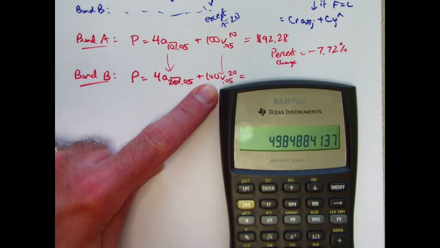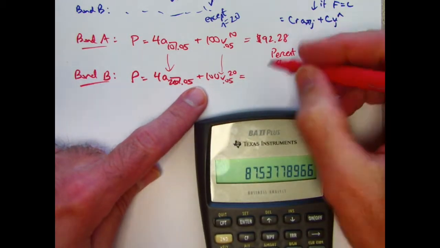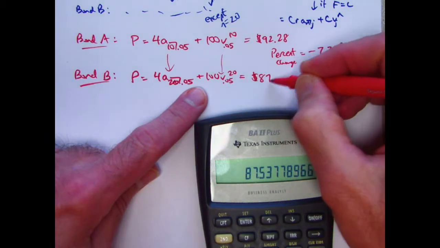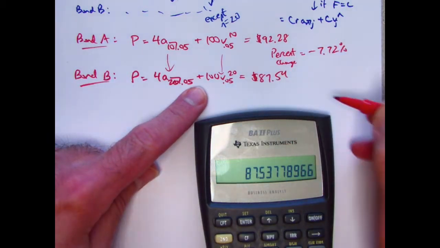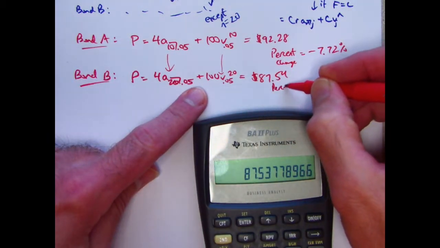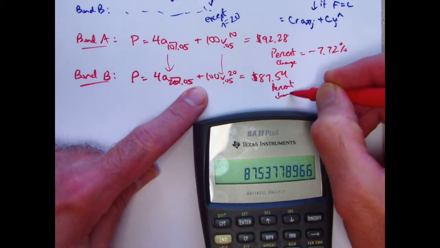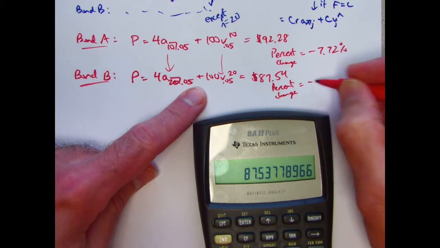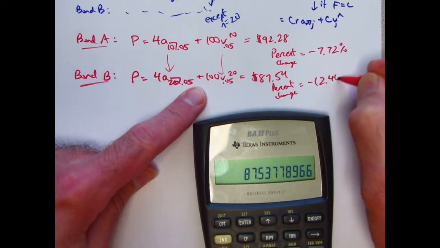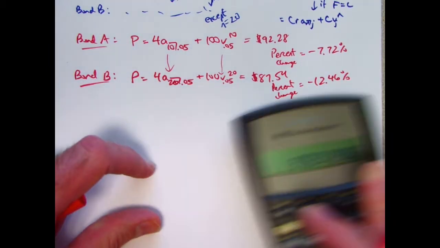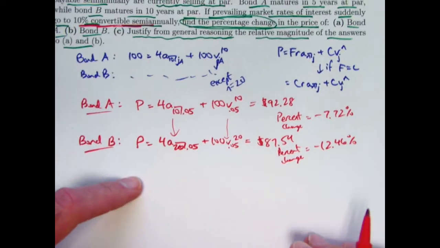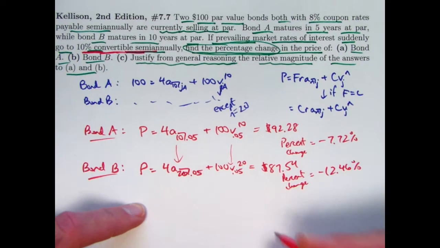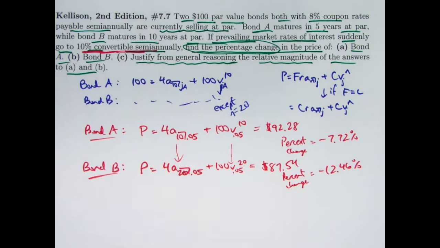Add to what's in register 1. Yes, that is now a smaller amount, $87.54. The percent change is bigger in magnitude, further away from 0. It would be negative 12.46%, more negative. The relative magnitude is larger, and it is negative, a negative change, meaning it goes down.